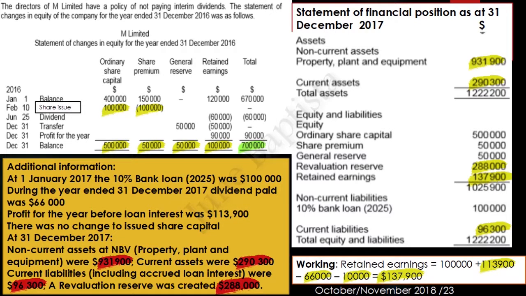Current liabilities, $96,300, to give you a total of equity and liabilities amounting to $1,222,200, which equals the total assets figure. And that is our statement of financial position as at 31st December 2017.